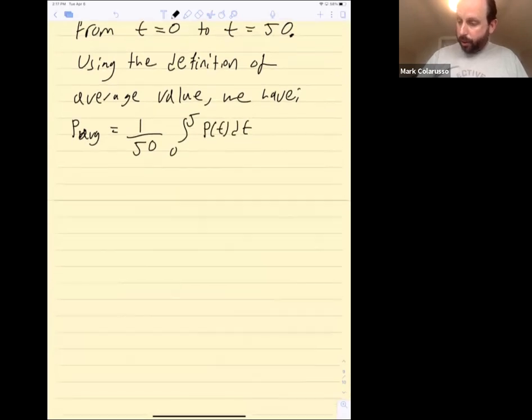And so this is 1 over 50 times the integral from 0 to 50 of 3 e to the 0.02 t dt.